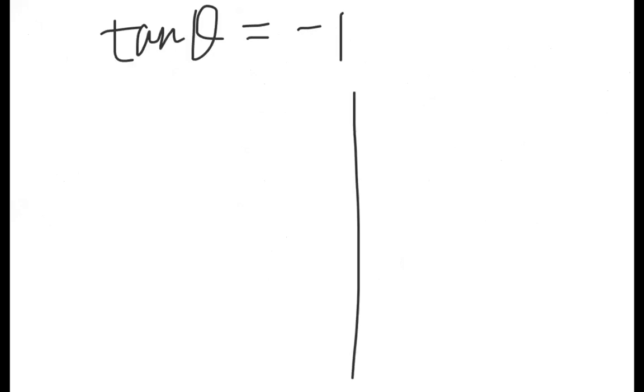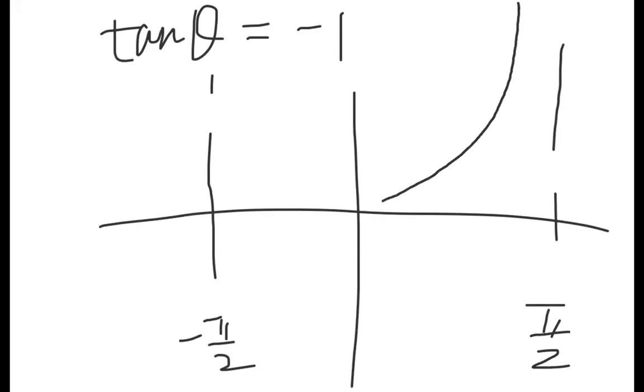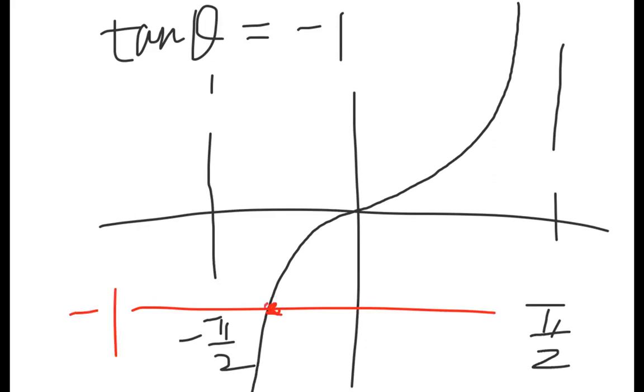So in order to solve this, we graph the tangent theta from minus pi over 2 to pi over 2, right? The graph looks like this, and the intersection with minus 1 is right here, which is minus pi over 4.